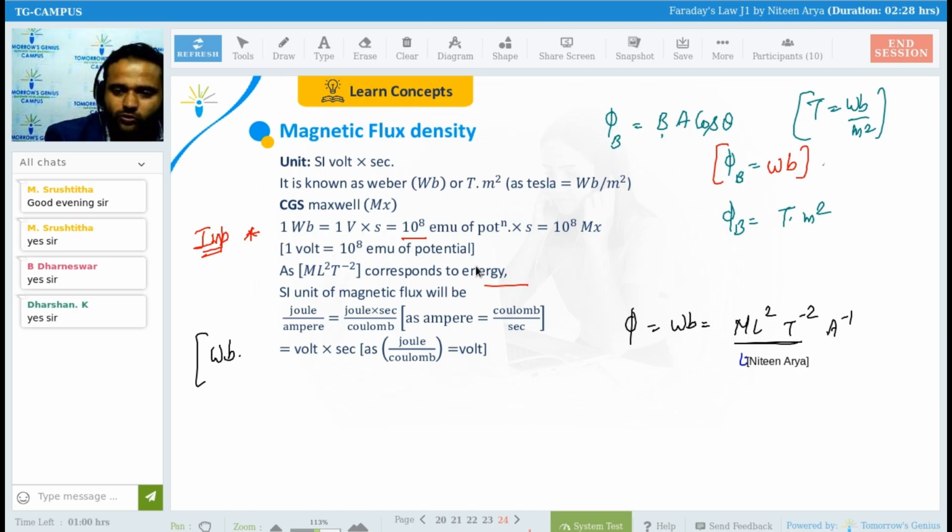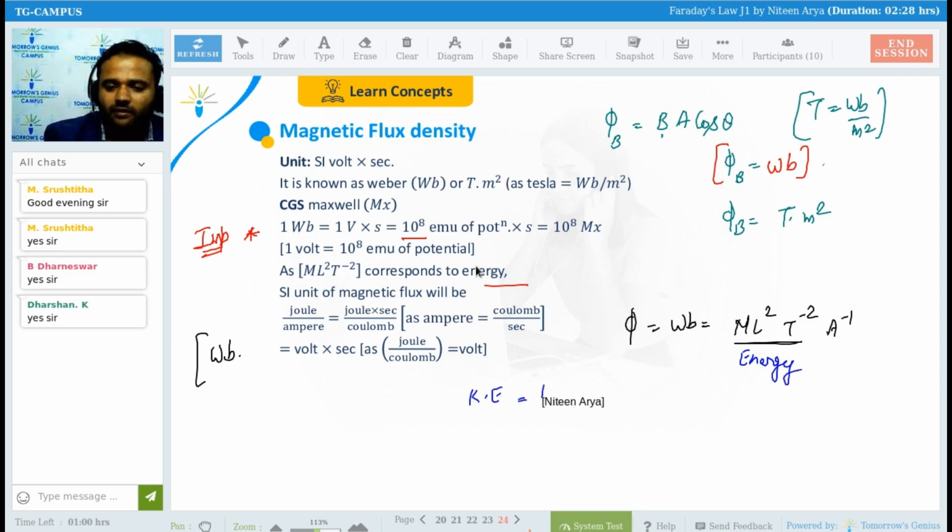Anyone have a doubt? How is it energy? What is energy? Work done, potential energy, or even simple kinetic energy. Each kind of energy has the same dimension.